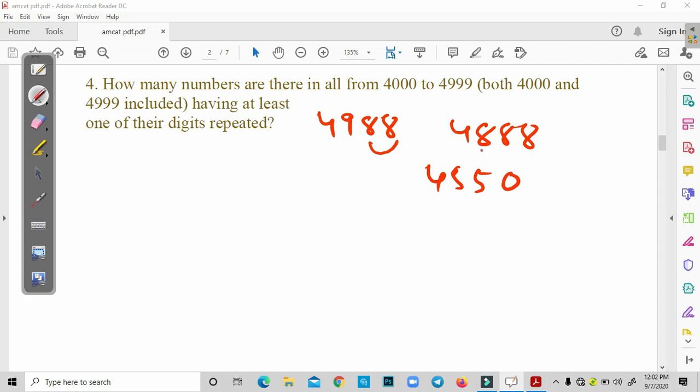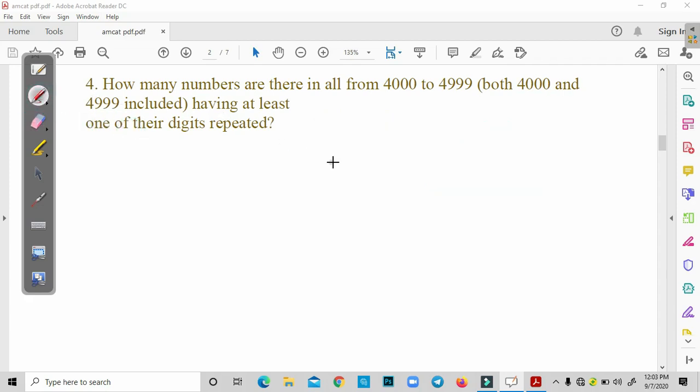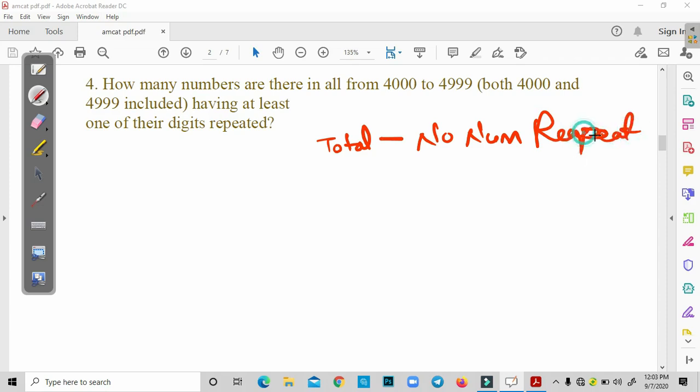So here at least one of the digits is repeating, yes or no? But calculating all these cases is difficult. So what I am going to do is find the total number of possibilities minus the numbers where no digit is repeated, like in the previous problem. No digit repeated will give you at least one repeated.